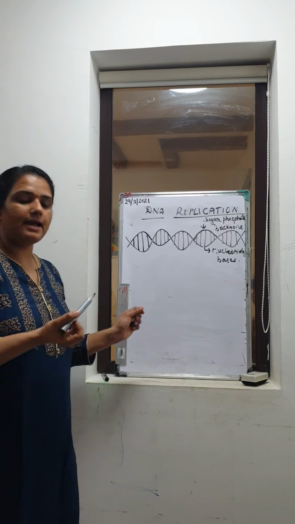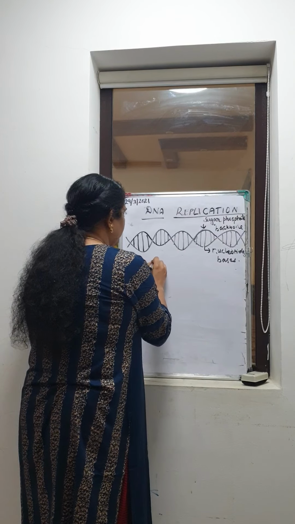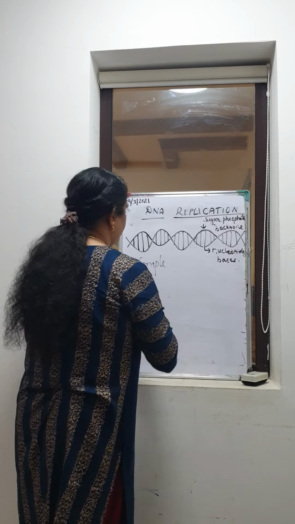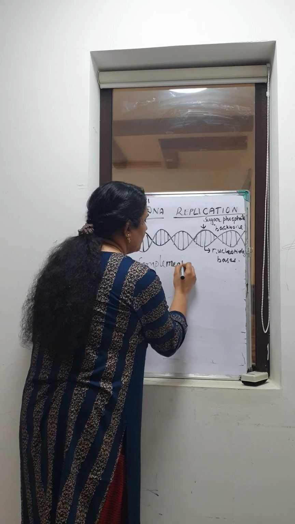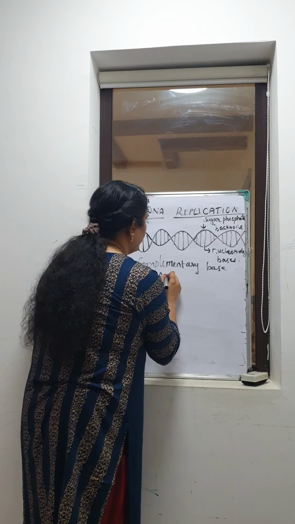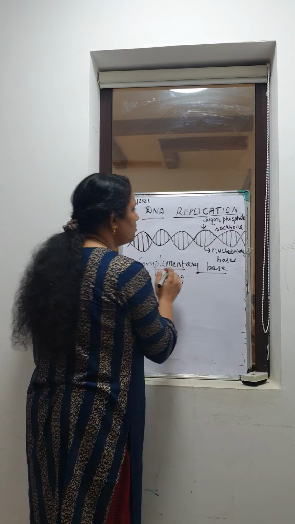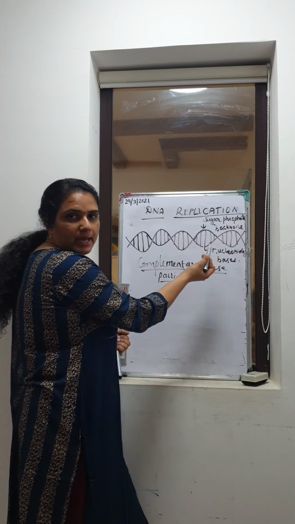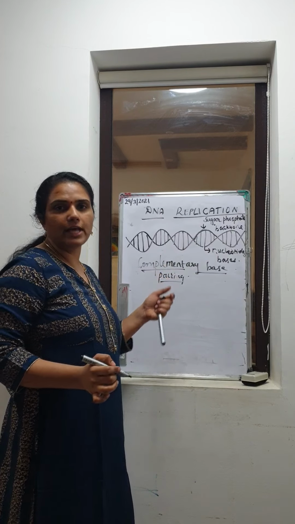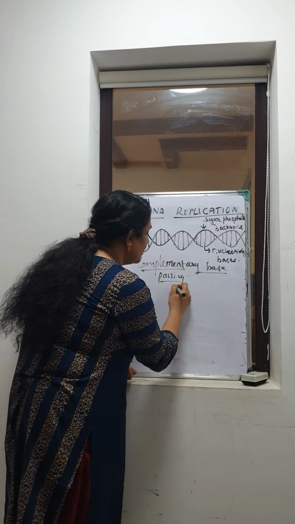For this, first we have to know what complementary base pairing is. We all know that the DNA molecule is made up of nucleotide bases. These lines in between are nucleotide bases. So what are the nucleotide bases present here?